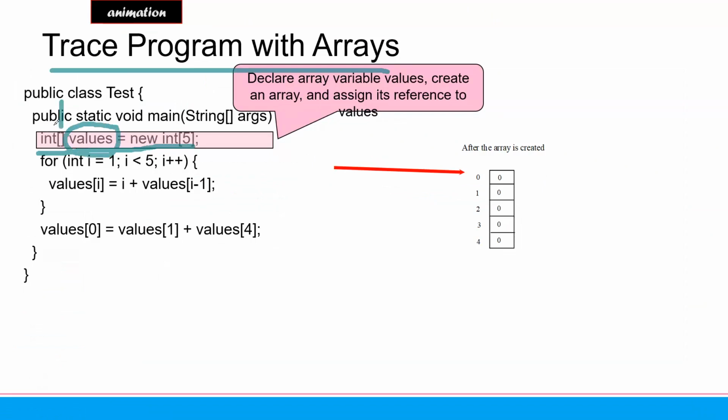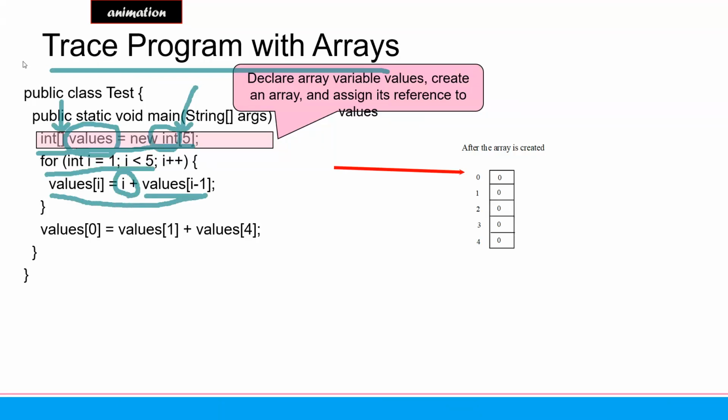This one is the square bracket, and we have the size is 5 for the array, and the data type is integer. And we want to loop from 1 until 5. And for values, here will be the index i plus values i minus 1.